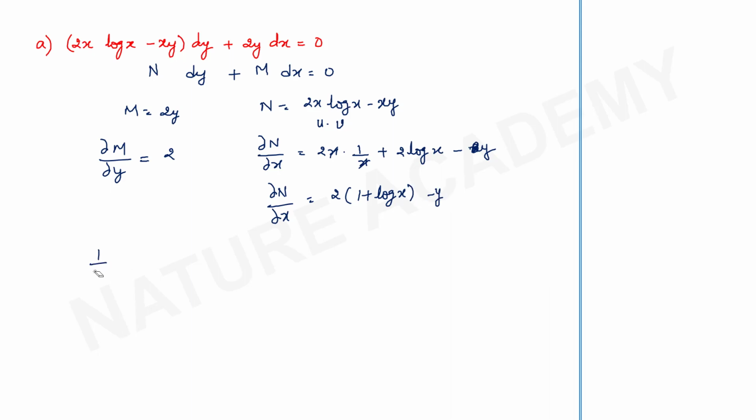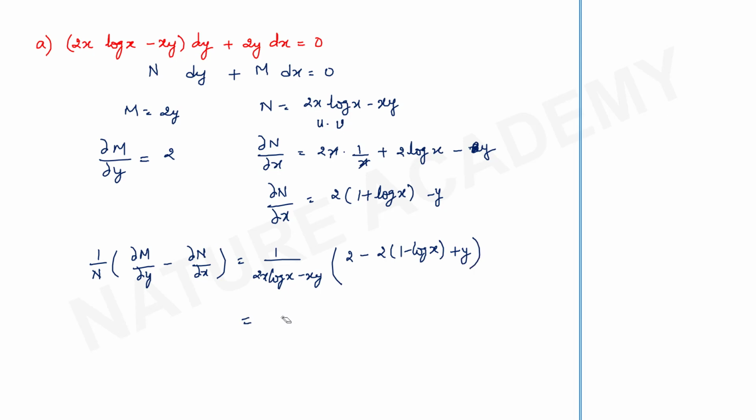Now see, 1 upon n into (∂m/∂y minus ∂n/∂x). This is equal to 1 upon n, which is 2x log x minus xy, into (∂m/∂y which is 2, minus ∂n/∂x which is 2 into (1 plus log x) minus y, which will become plus y).